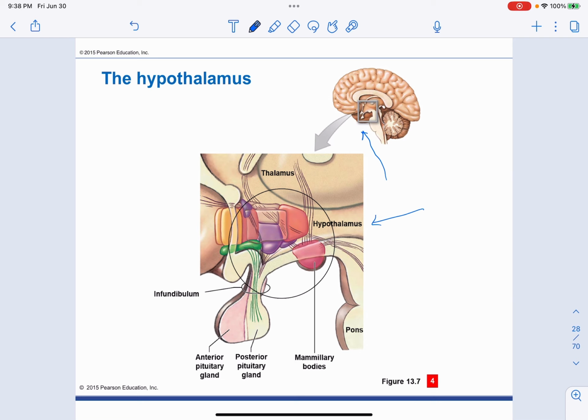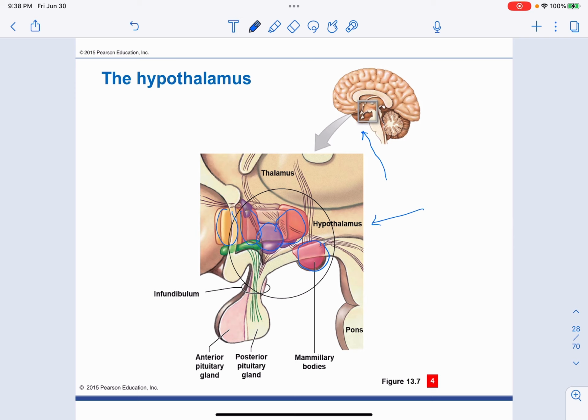All right, so you can see that there's going to be an array of essential functions for our body. So you can see all of these different nuclei located here in the hypothalamus, all of these different colors. All right, and then there's one other one. I'm going to come back to the mammillary body. This is also part of the hypothalamus.